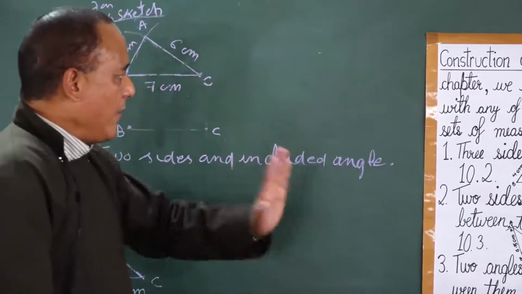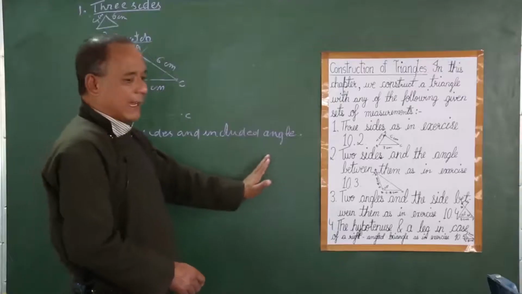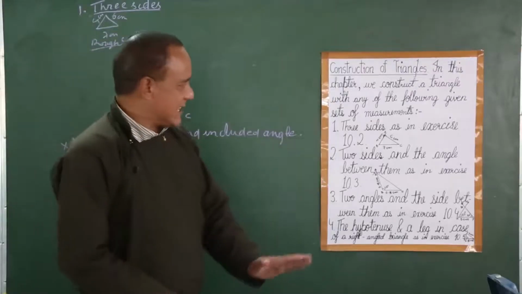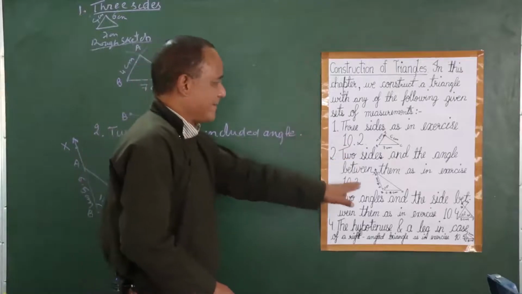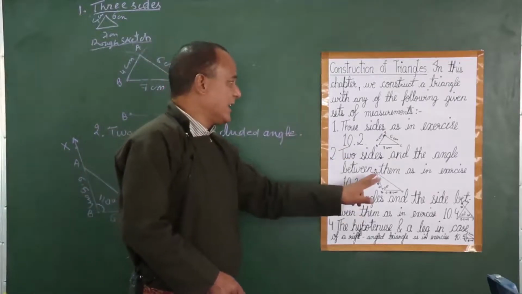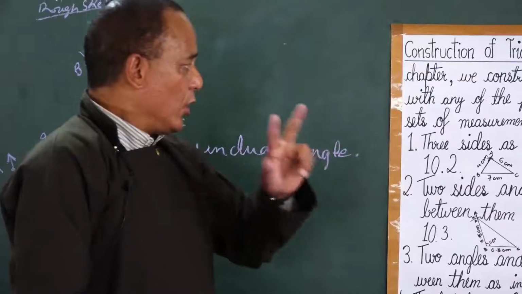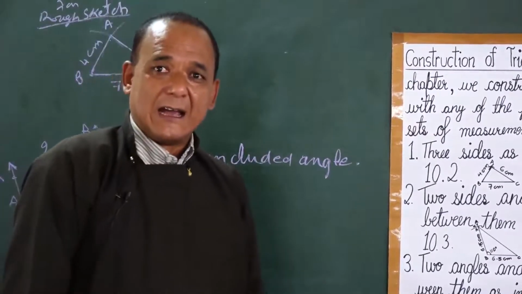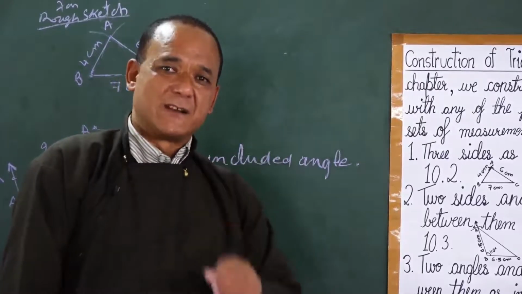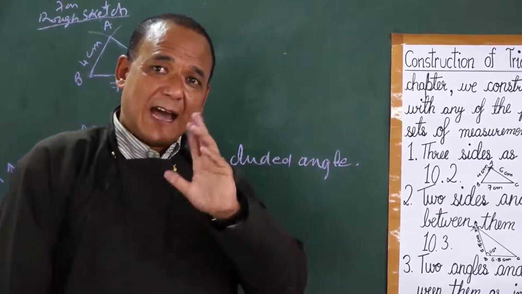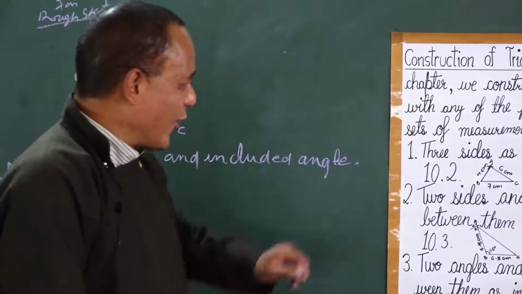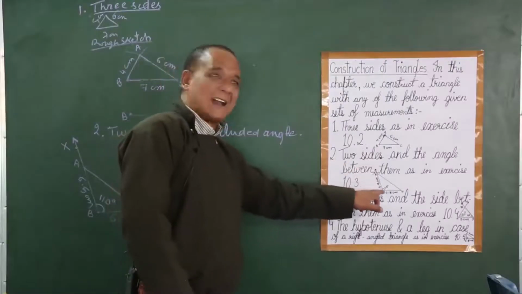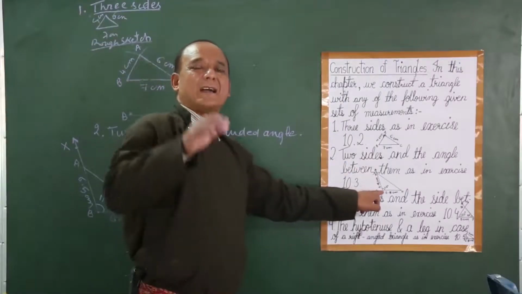So now we talked only about the included angle in our exercise 10.3. Two sides and the included angle, we are talking about these three different measurements. But there are other measurements also. In this type, there are other combinations.